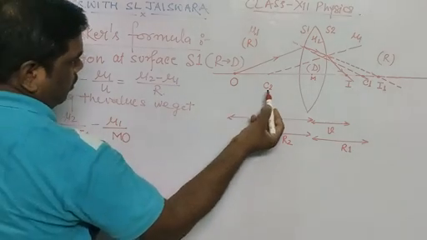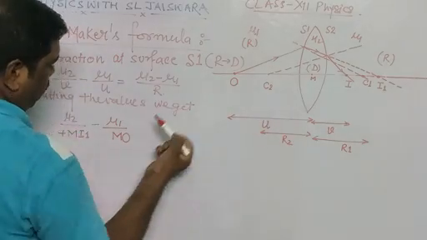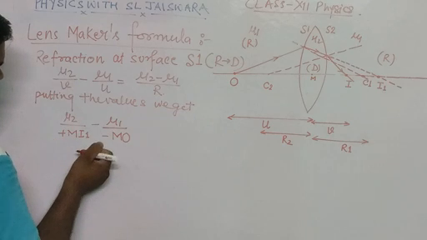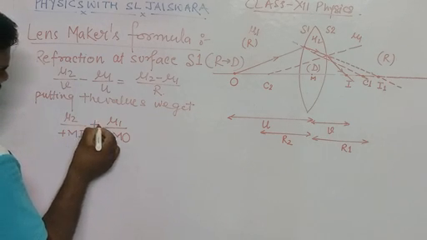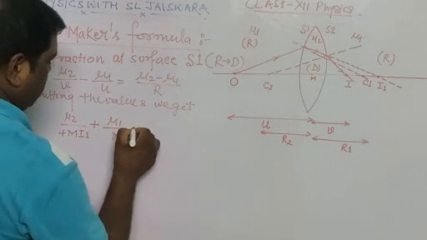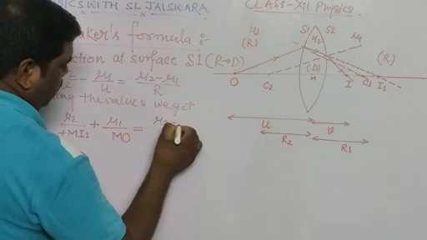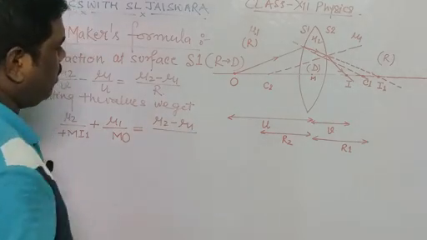But the sign of object distance, that is MO, is minus. So this minus makes it plus. So we can write this plus is equal to mu2 minus mu1 upon R.